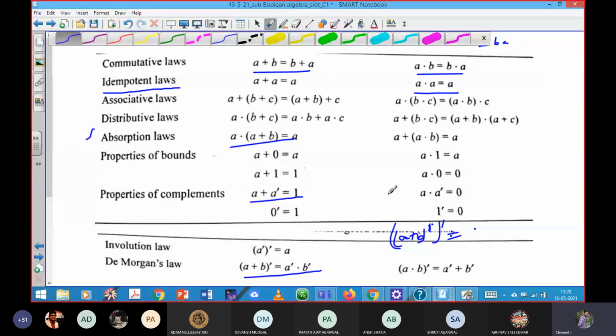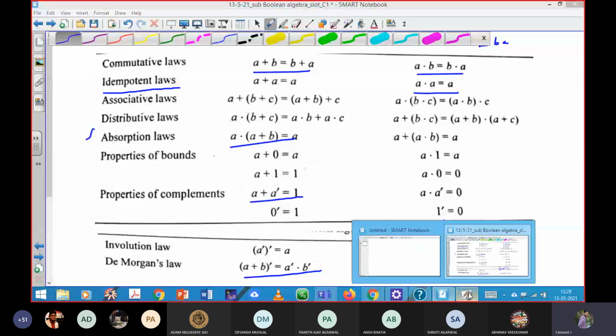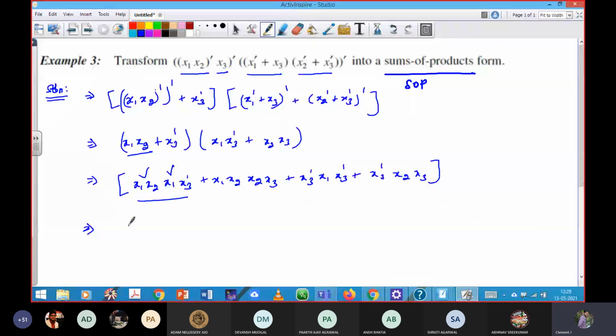So by the law, x1 into x1 is x1 again. So that is x1 x2 x3 dash plus. Here also I'm going to apply the idempotent law. So x1 x2 x3, next x3 dash into x3 dash is the same, x3 dash, into x1 plus.